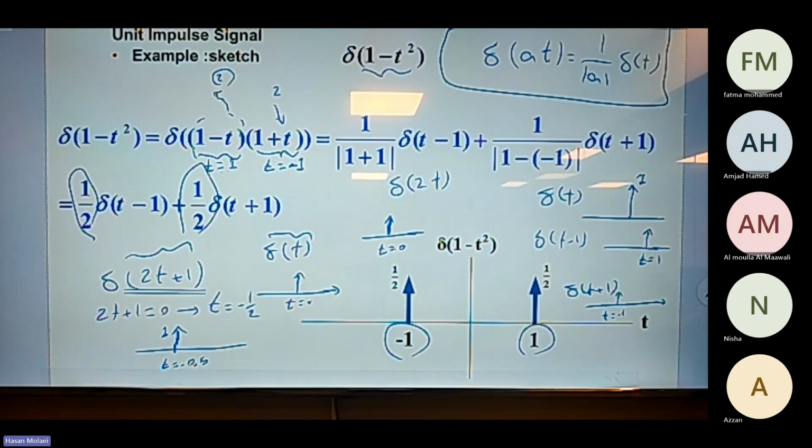How do we find that? I will show you at the end of this chapter when I talk about time shift and scaling. You will see how we reach this. So this one would be 1 over 2. Now how about this one? And I write it like this.